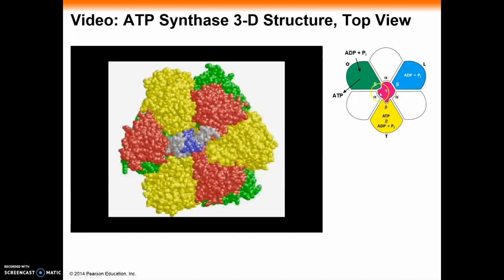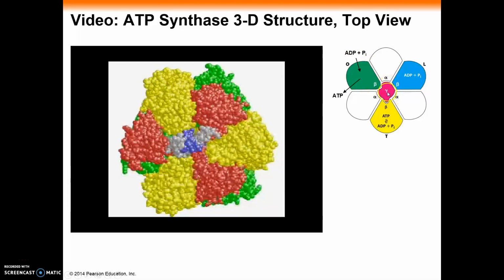Here is this central rod sticking into it, and notice that it is asymmetrical, has three different surfaces. Those three different surfaces are going to cause that beta subunit in contact to form one of three conformations, either open, loose, or tight.